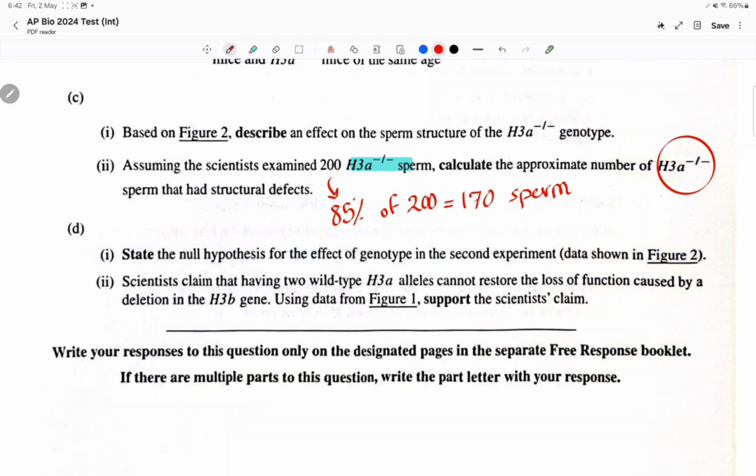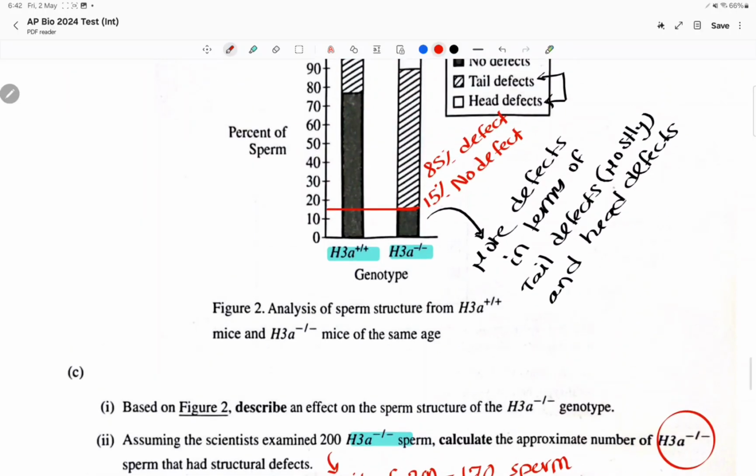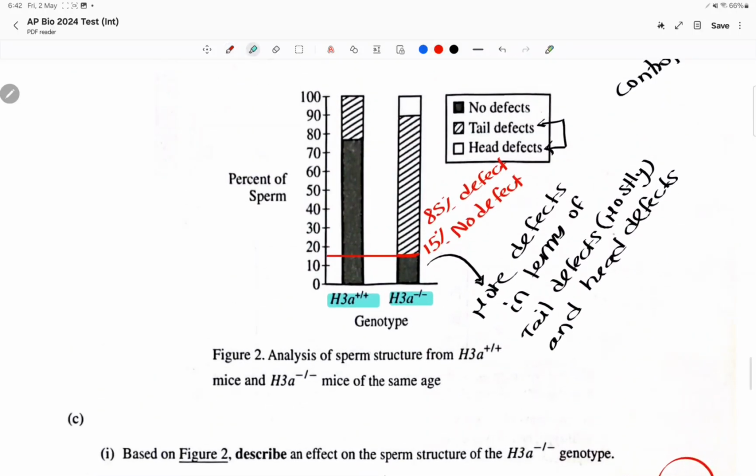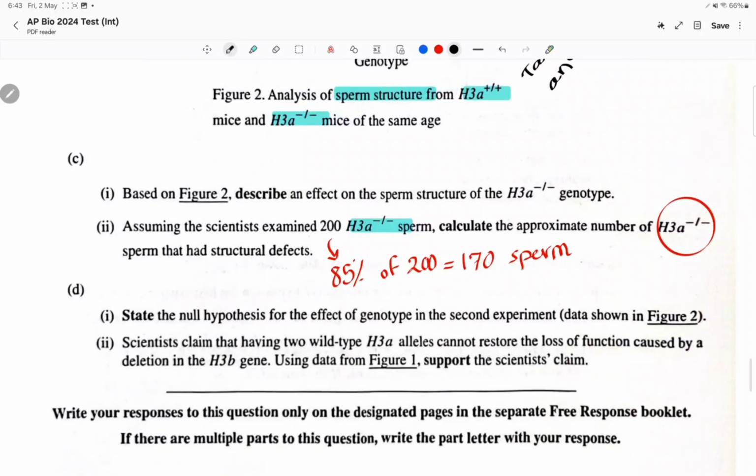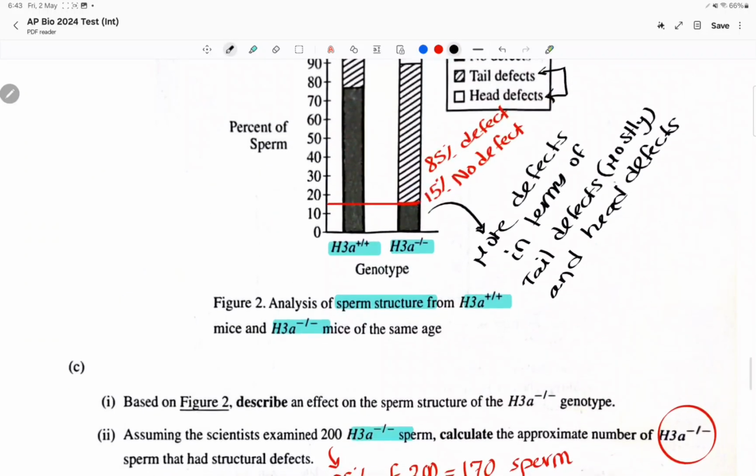DI, state the null hypothesis for the effect of the genotype in the second experiment, data shown in figure 2. The second experiment is about the sperm structure comparing H3A plus plus mice and H3A minus minus of the same age. Again, to eliminate age as a possible factor that might affect your interpretation of the results. So, null hypothesis is always about trying to unlink two things, right?